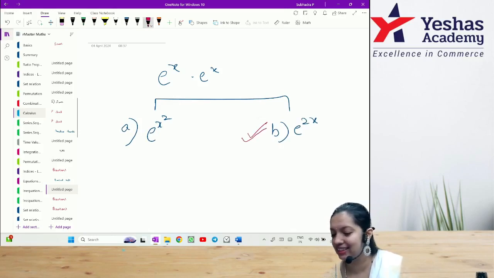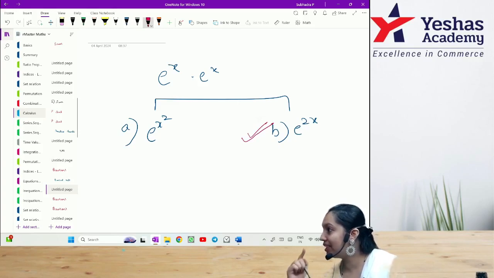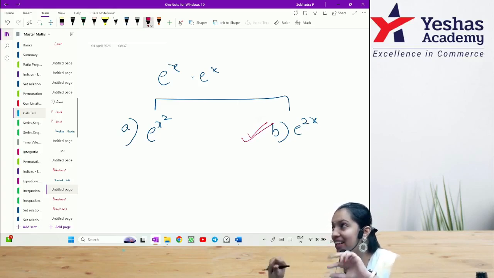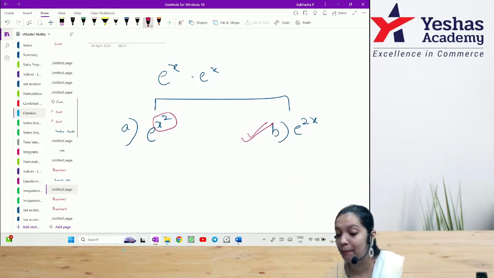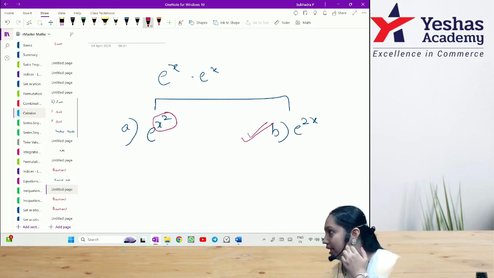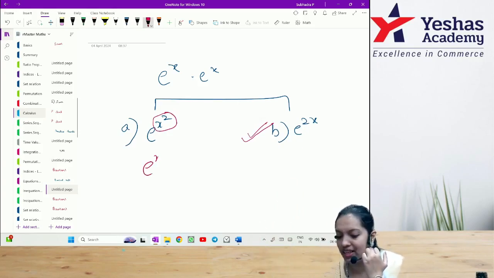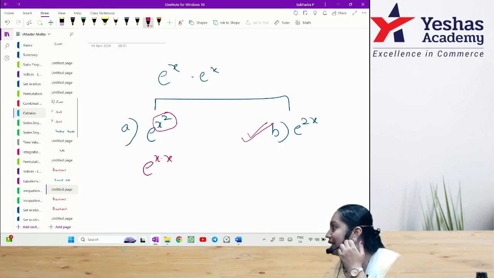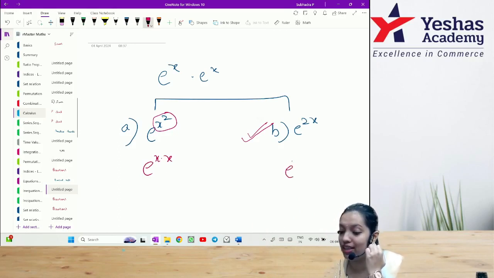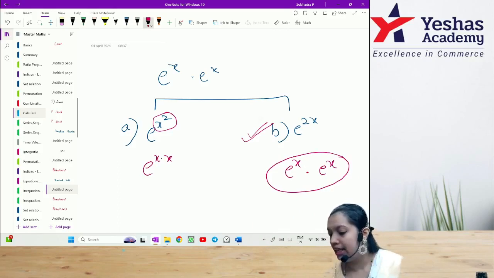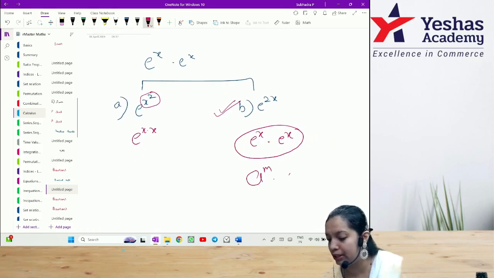This is correct. E power x into e power x. E power x is square, x square, they think only x will be multiplied. Do you understand? E power x into x is e power x square. This is not the one. I have e power x into e power x. When you multiply these two, it is like a power m into a power n.